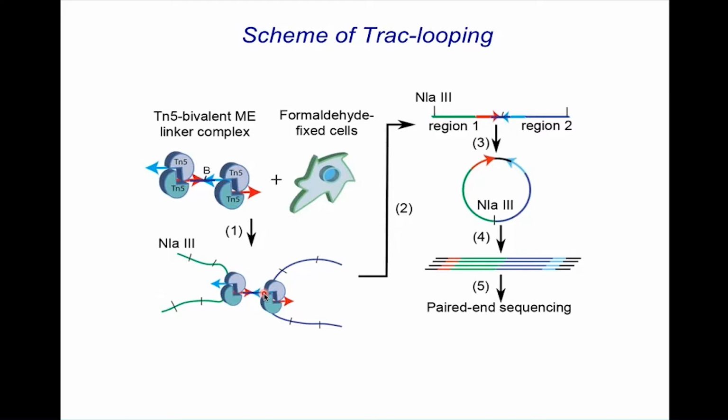After insertion, the genomic DNA is cleaved into small fragments, and the region containing the bivalent adapter sequence is purified using a biotin-streptavidin system, and then amplified for paired-end sequencing to generate the library.